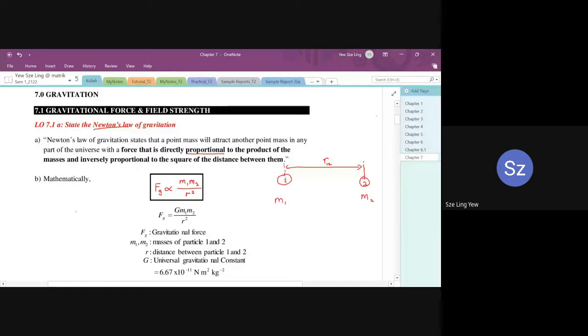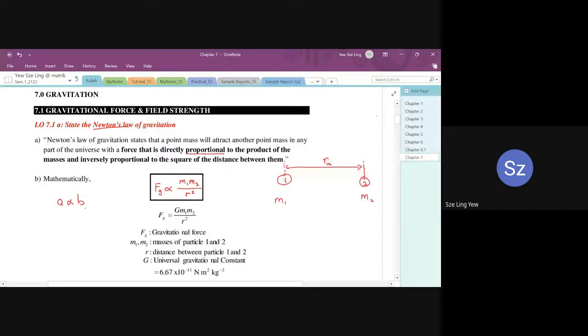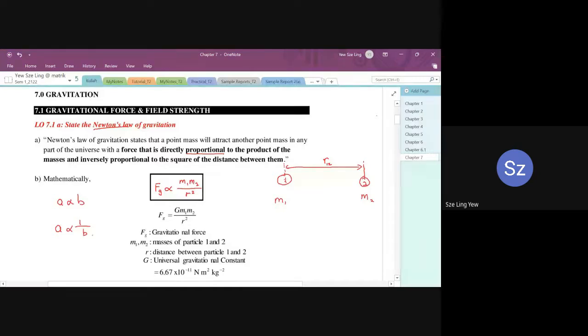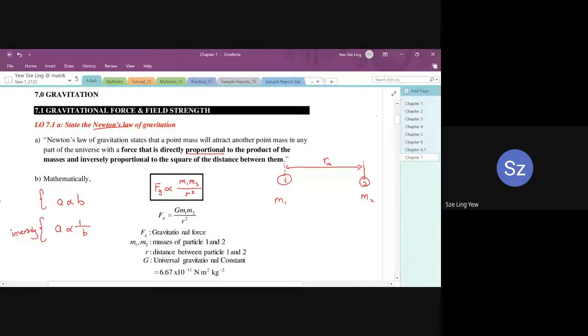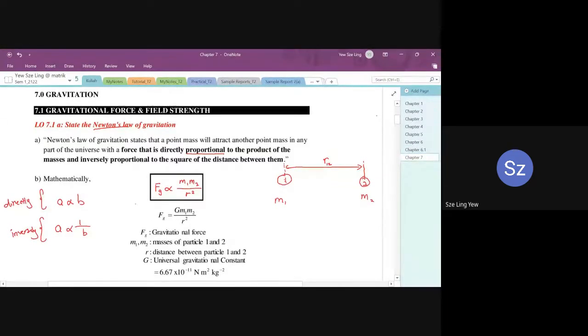This is the symbol of directly proportional: A is directly proportional to B. For inversely proportional, one of them would be a fraction. So the second one means inversely proportional, and this one is directly. Make sure you understand the difference between them, because you're going to use them very often in explanation questions in physics.